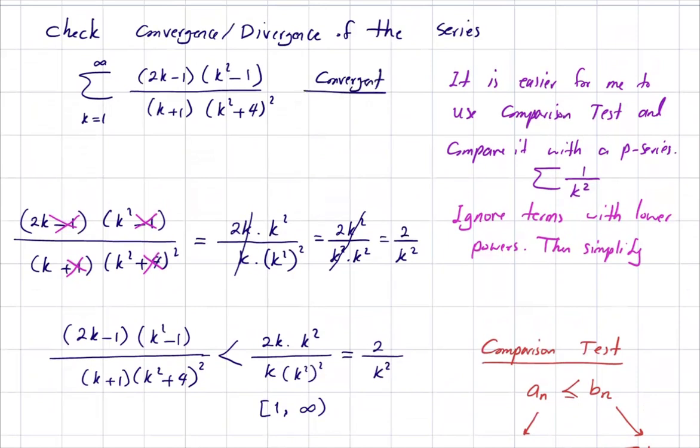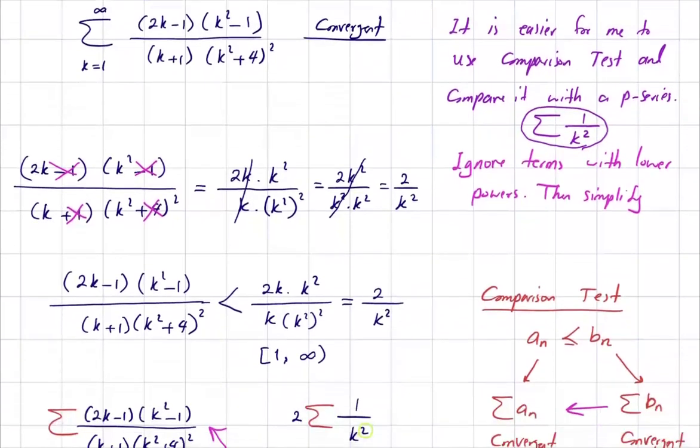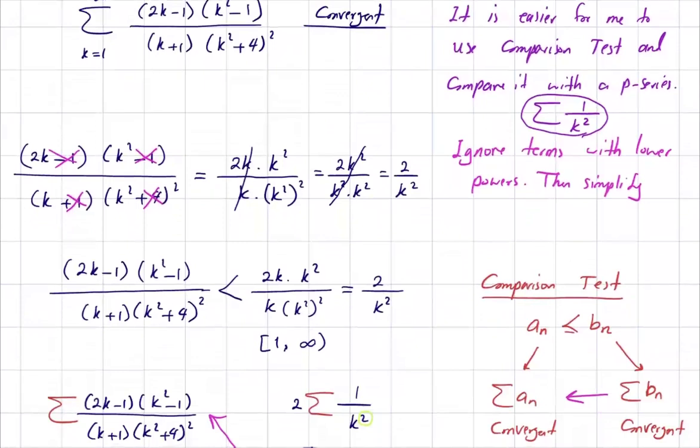So again, as long as you look at these types of series and quickly ignore the terms with lower power, or the terms that go to infinity much slower than the rest of the terms, you can get a p-series, and right away you know how to deal with the p-series. Being less than or more than is all algebra that we are doing.